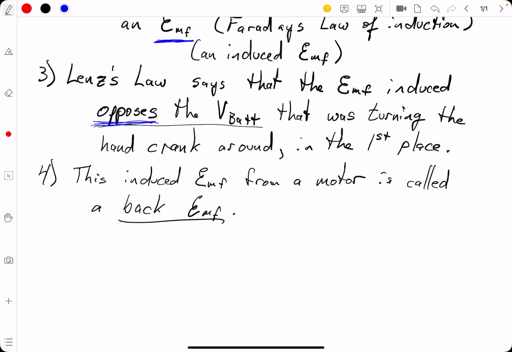That's opposed, and since it's opposing the original V battery, we call it a back EMF. So we end up with back EMF. All right, that's how that works.